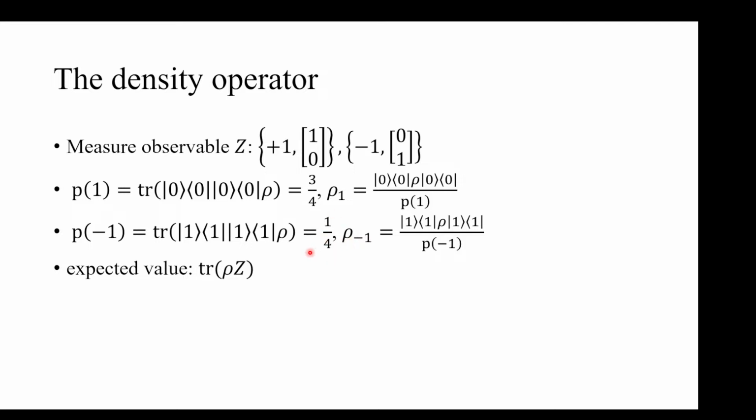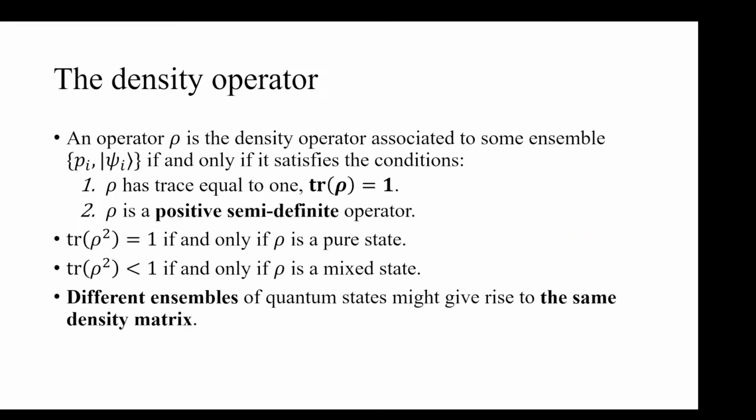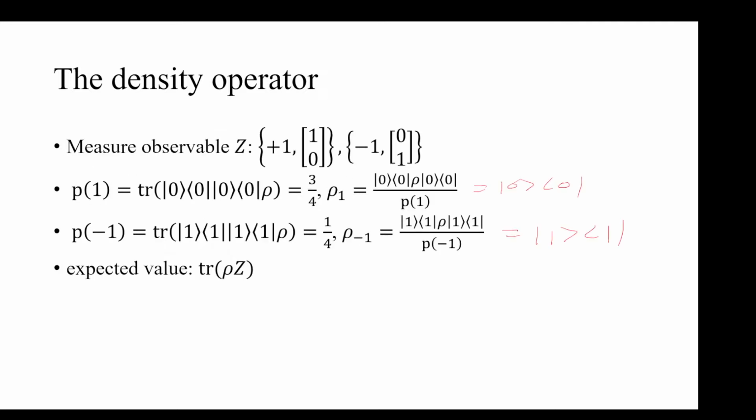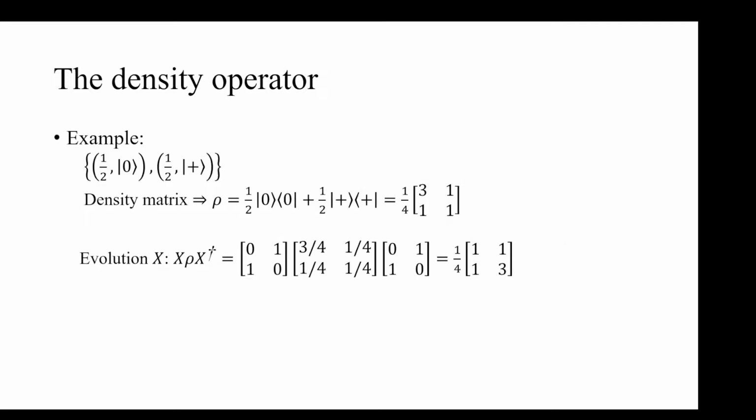Then for the post-measurement state, you do the calculation, and you should see that this is the |0> state, and the post-measurement state of getting a -1 outcome is the eigenvector |1>. Okay, so those are density operators. This was in homework, so this calculation should be familiar.